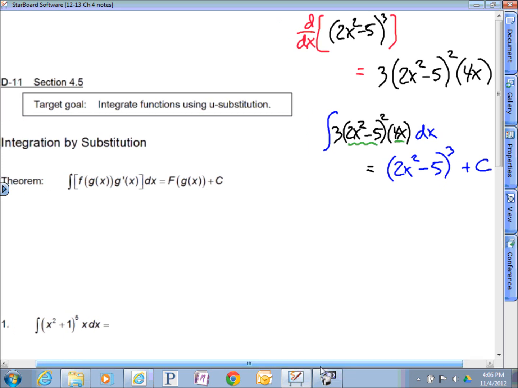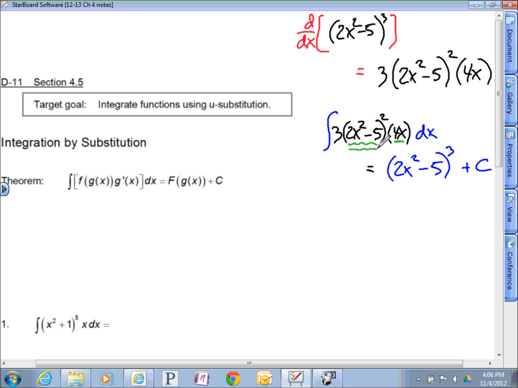Like what we have right here in this blue one, there's an inside function. That inside function is what we're going to call U. But in order for this to work, you have to have the derivative of U in the problem also.